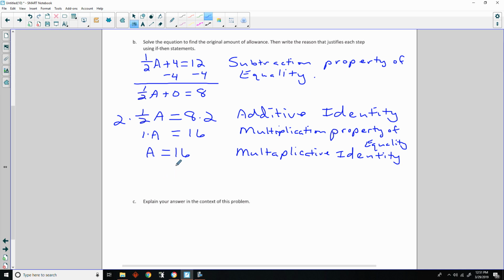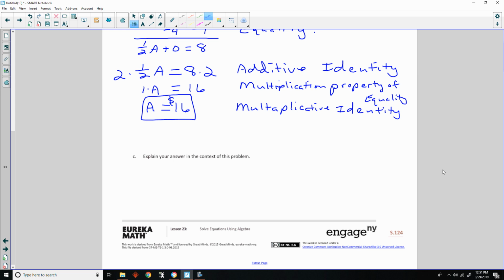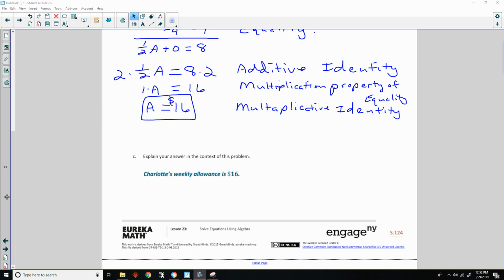So her original allowance was $16. Okay, so explain your answer in the context of the problem. Charlotte's weekly allowance is $16.